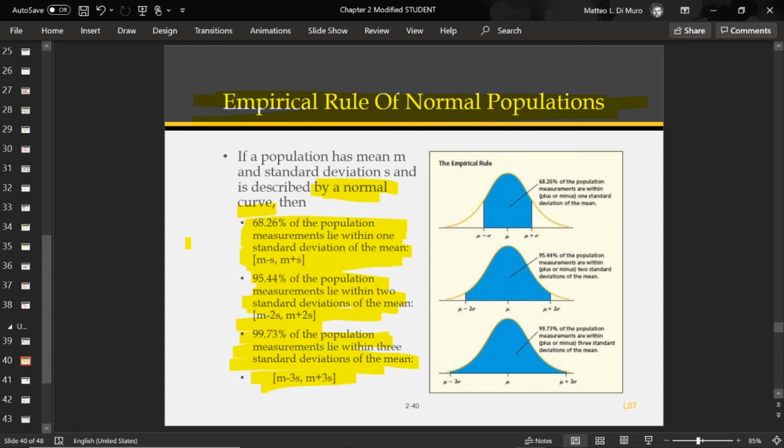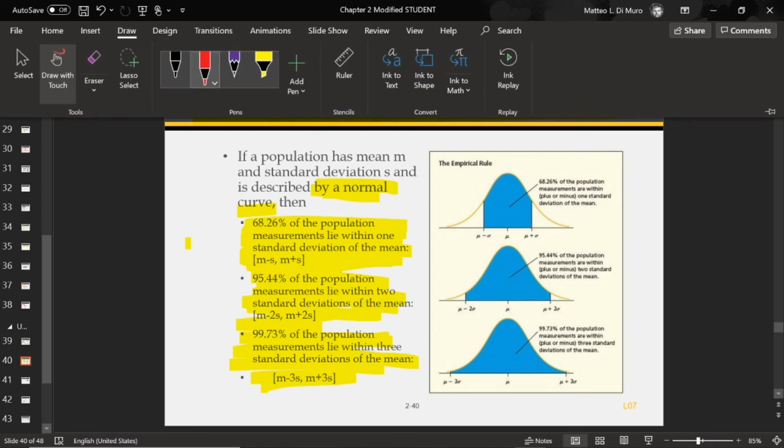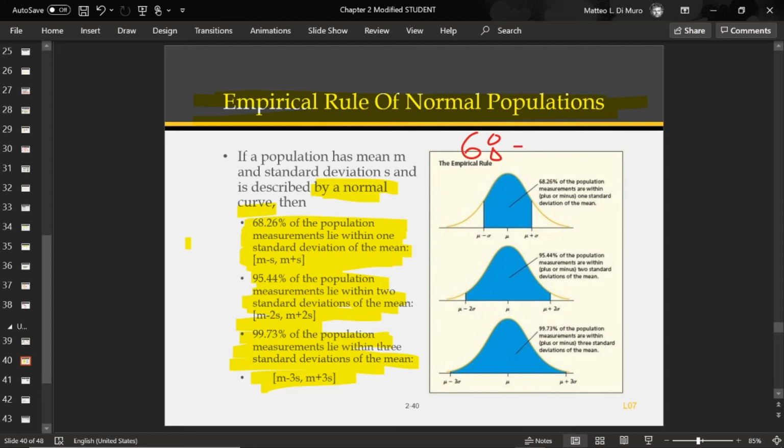So sometimes this is referred to as the 68, 95, 99 rule. So 68% of the data within 1 standard deviation plus or minus, 95% within 2 standard deviations plus or minus, and then almost all the data when you go out to 3 standard deviations.